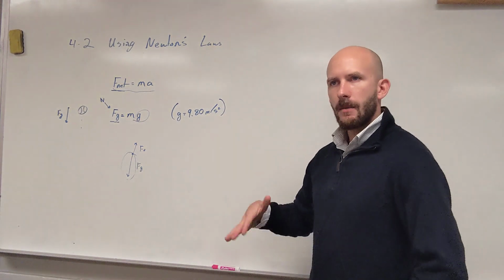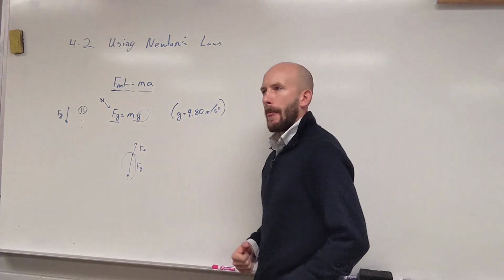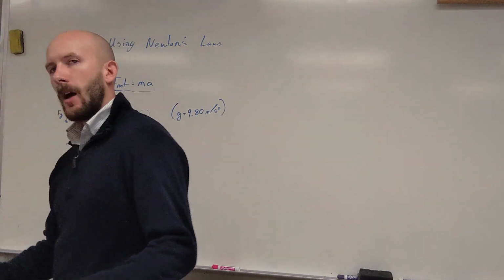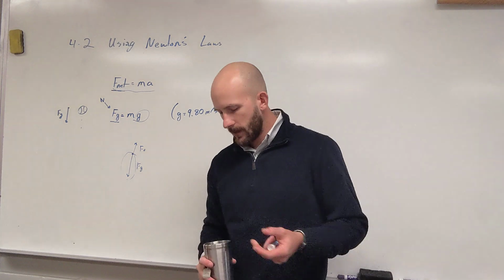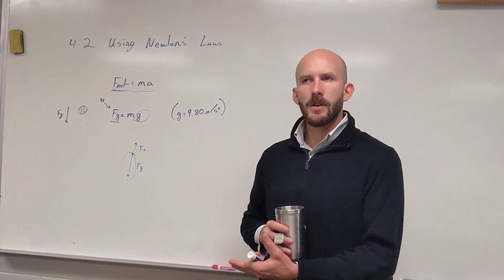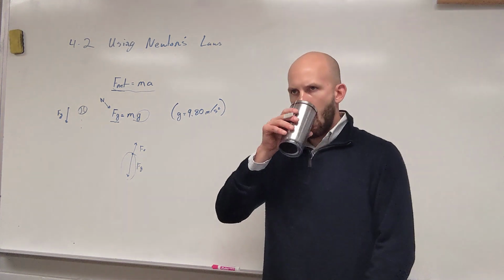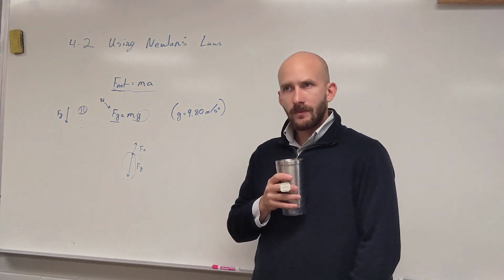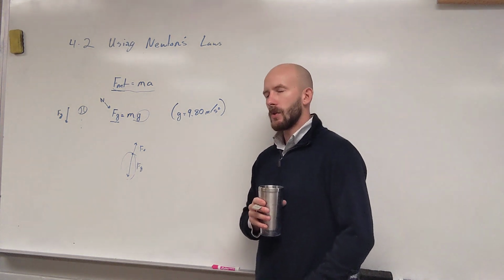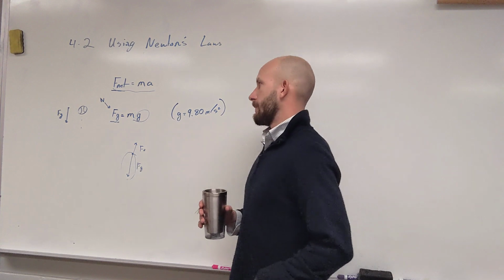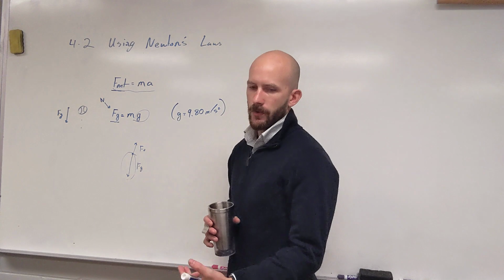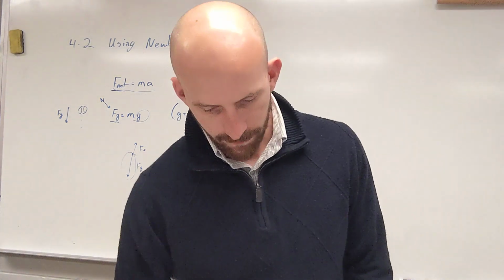To wrap some of that up before we move on: a 10 kilogram object, if I take it to the moon, what changes and what stays the same? The mass stays the same. Mass is going to stay constant. The force of gravity changes, so its weight will change, because the acceleration due to gravity is different in that place, and the force due to gravity is different as well.